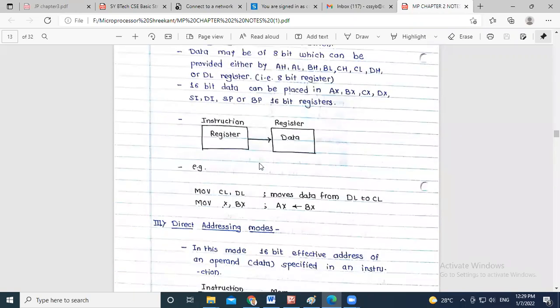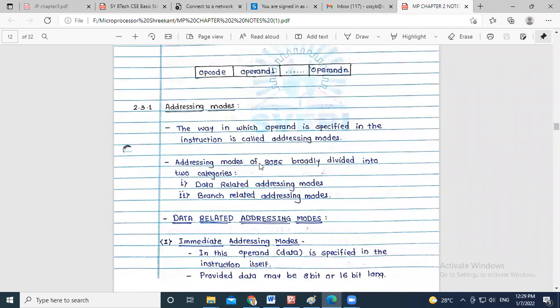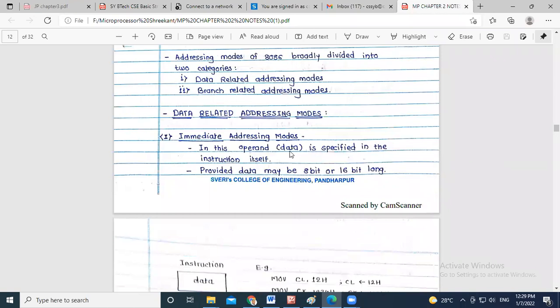So the first one is immediate addressing mode. The name itself says that whatever operation is done using the operands should happen immediately, without taking much time and without taking much memory.